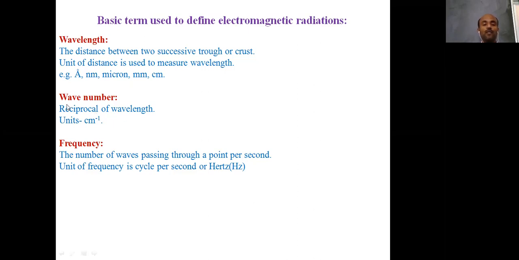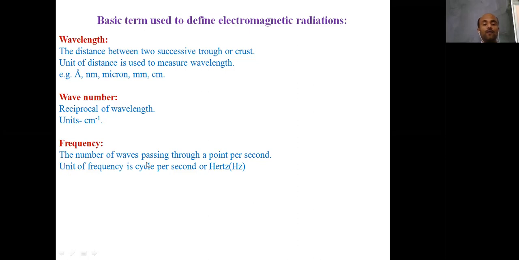Wave number is a very commonly used term as far as molecular spectroscopy is concerned. The wave number is simply the reciprocal of wavelength. Therefore, the unit of wave number is the reciprocal of the unit of wavelength, that is, centimeter inverse, nanometer inverse, or millimeter inverse, etc.